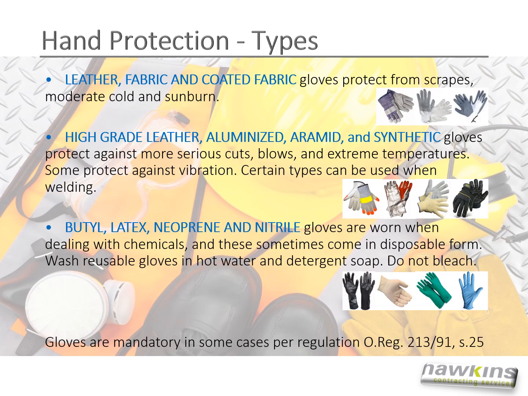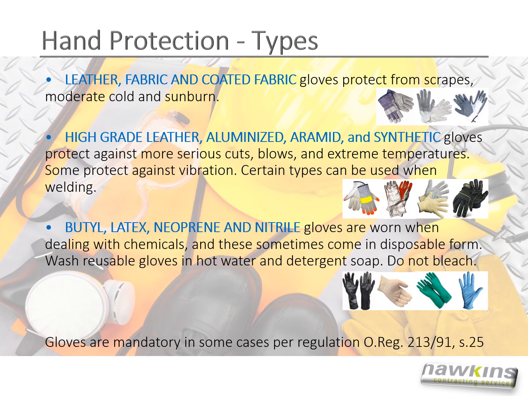There are different types of gloves for different hazards. Leather, fabric, and coated fabric gloves protect from scrapes, moderate cold, and sunburn. High-grade leather, aluminized, aramid, and synthetic gloves protect against more serious cuts, blows, and extreme temperatures. Some protect against vibration, and certain types can be used when welding.